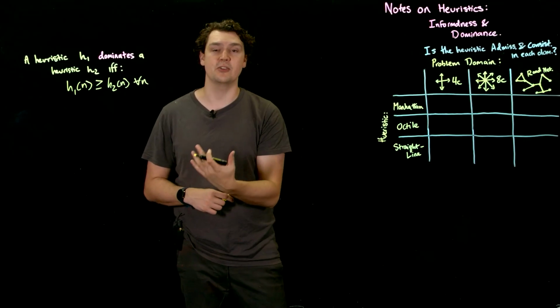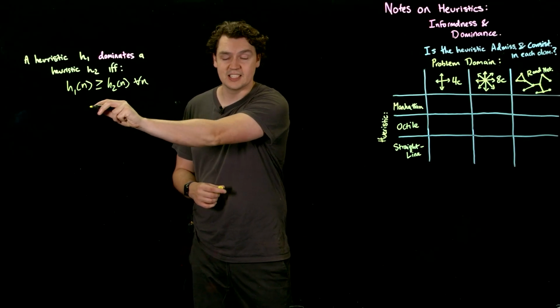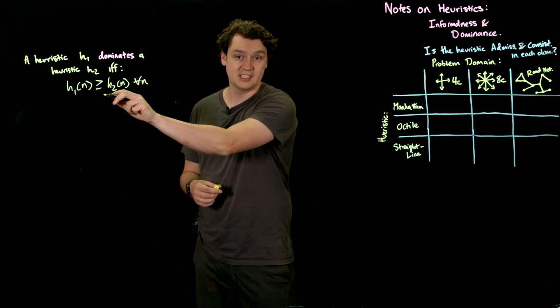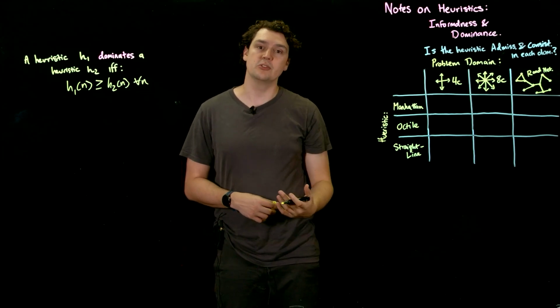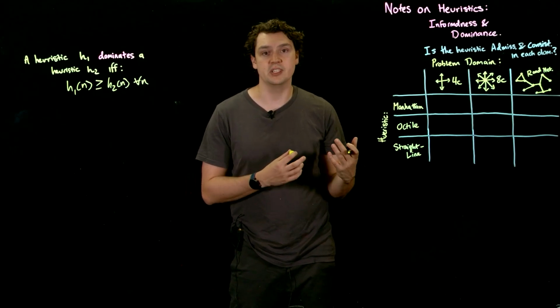So for every node in the graph, if it gives us a better heuristic value for all nodes, or at least equivalent, then why would we ever use H2? We would simply choose to use H1 in every single situation, and this is where the term of dominance comes in.